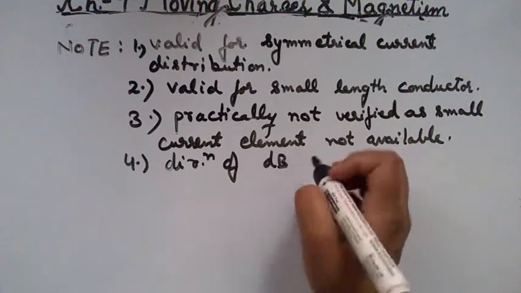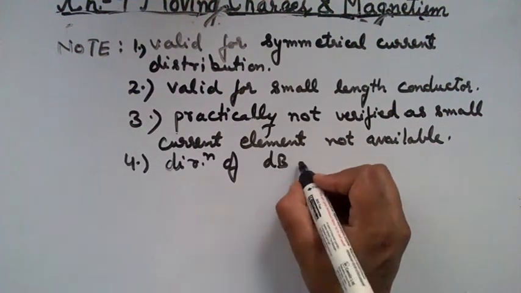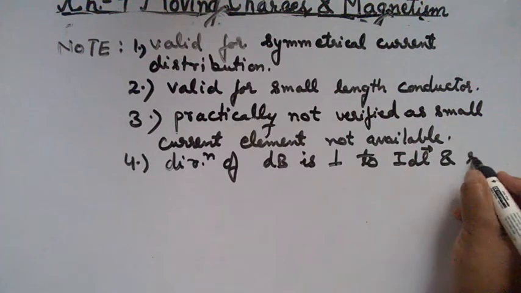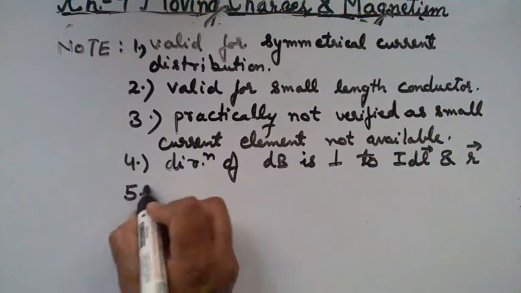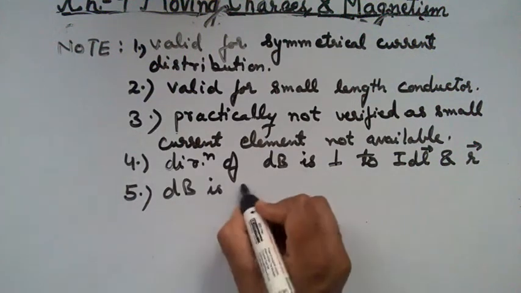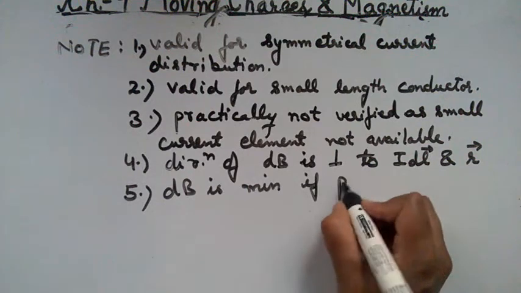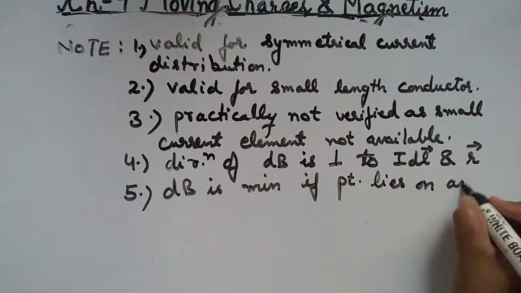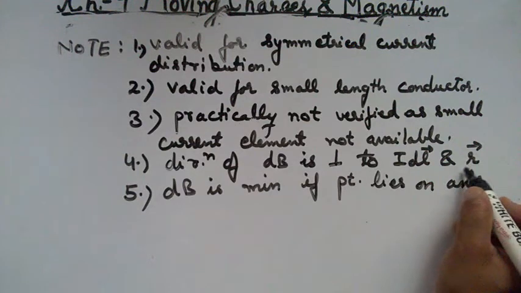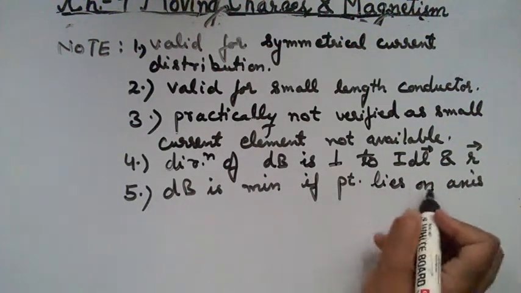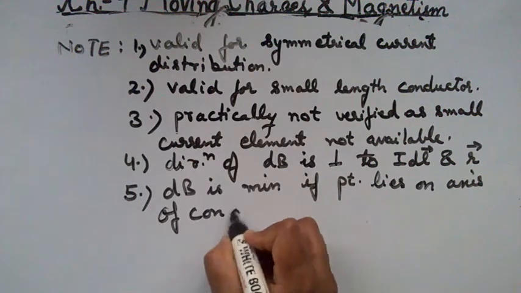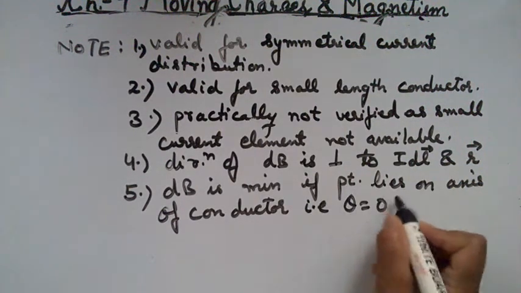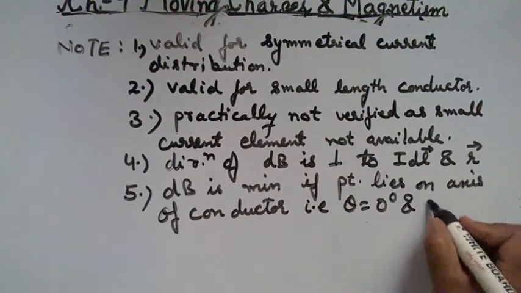Direction of small magnetic field due to current element is perpendicular to current element I dl and displacement vector r vector. dB is minimum if the point where magnetic field we are calculating lies on the axis of a conductor, because now the angle will become 0 degree, that is parallel to current and anti-parallel to current.